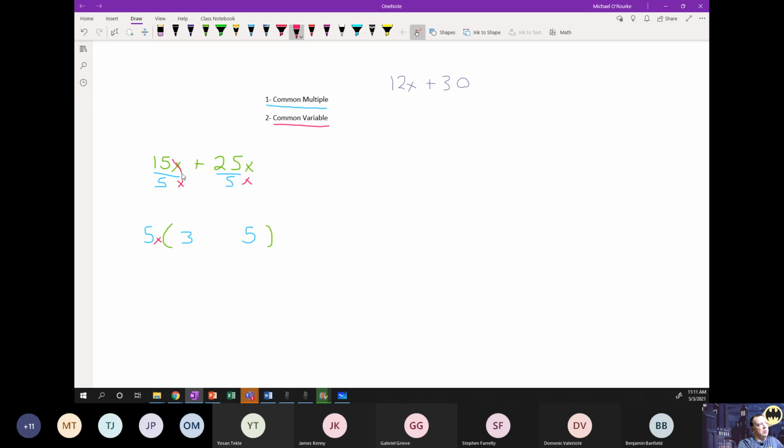Now, if I divide these two by x, those are going to cancel out. And I'm just left with this. And then if I happen to expand this through, I get the same question here. Let's do another one. I'll make this one more difficult.